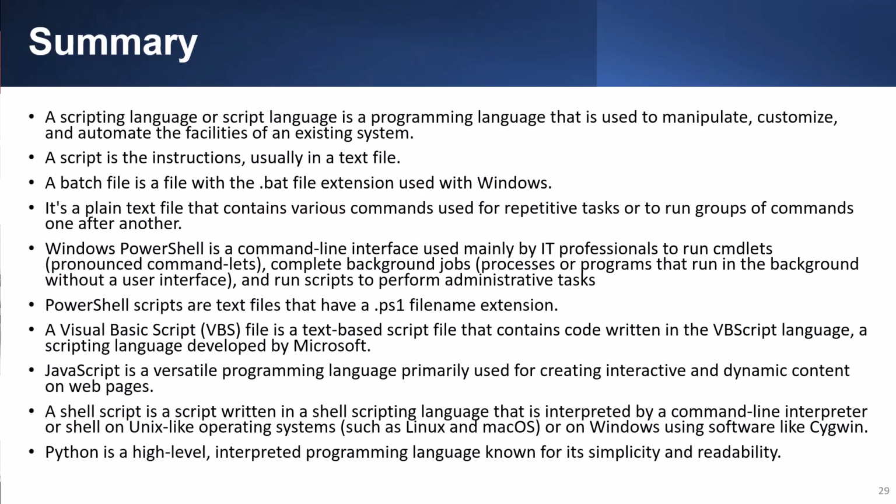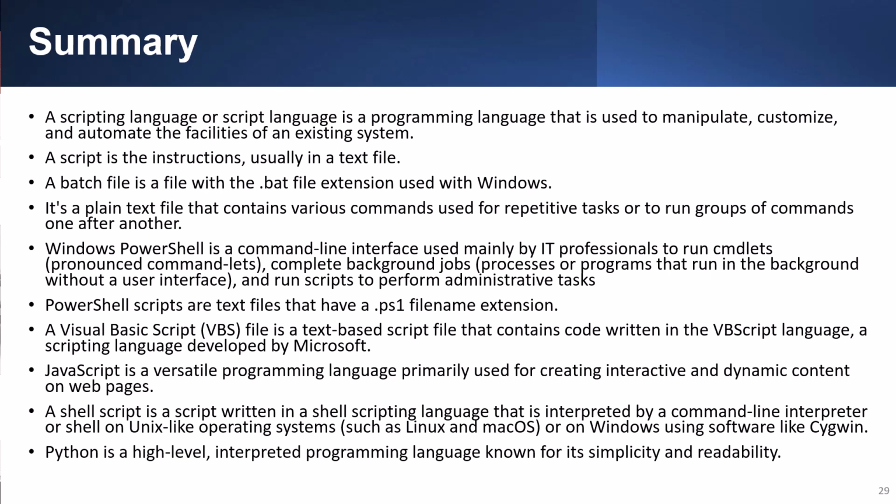In summary, a scripting language or script language is a programming language that is used to manipulate, customize, and automate the facilities of an existing system. A script is instructions, usually in a text file. A batch file is a file with a .bat file extension used with Windows. It's a plain text file that contains various commands used for repetitive tasks or to run groups of commands one after another.